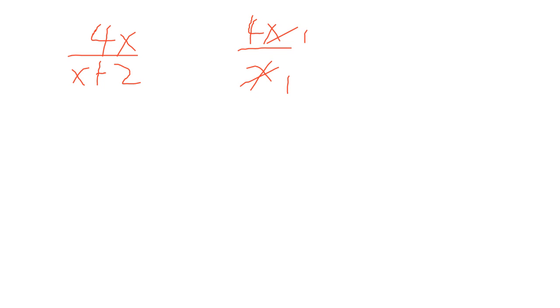Let me do it again: 4x divided by x plus 2 gives 4x over x. To its lowest terms, the x cancels, so you have 4. Since you have this, your horizontal asymptote is y equals 4.